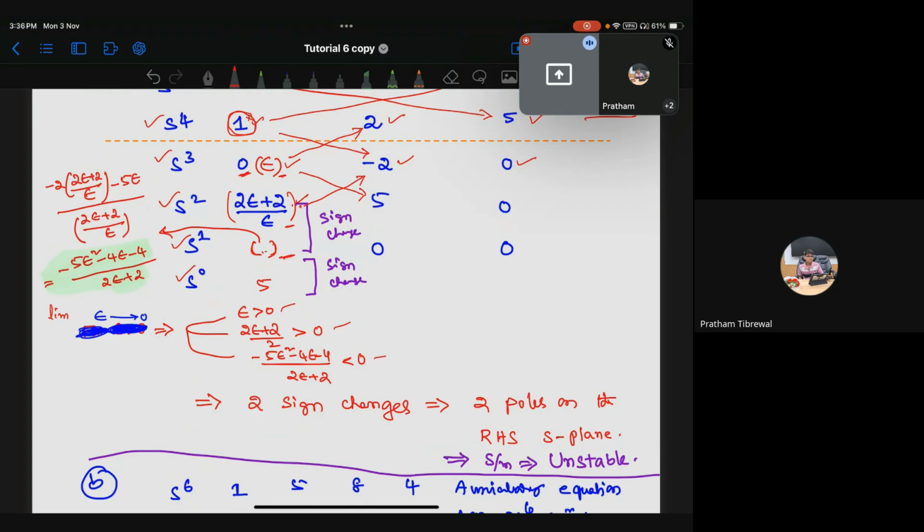So you will be getting two sign changes, which means two poles on the RHS of the s plane. Hence the system is unstable. Is this clear? Any doubt?